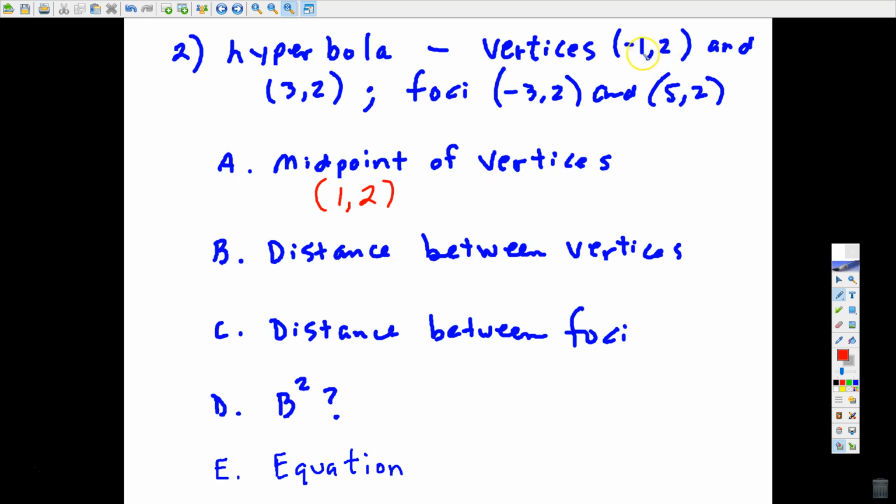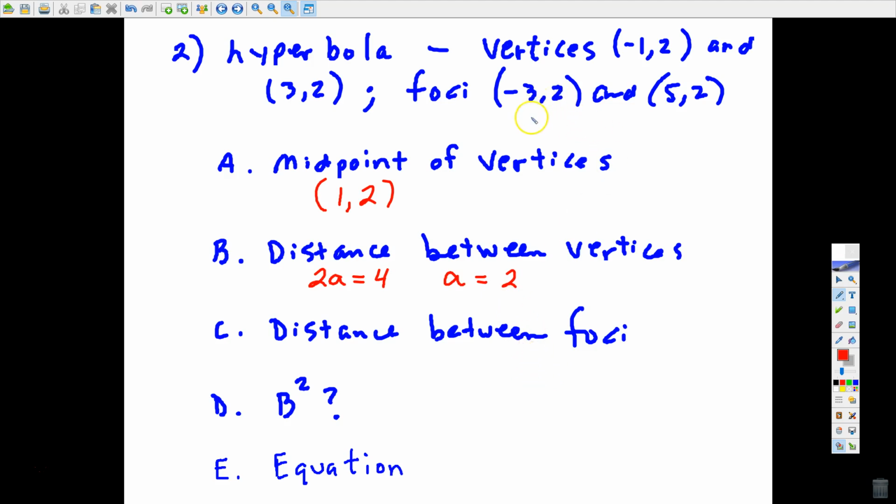Obviously it's just the x-coordinate that I'm interested in finding the distance. If I'm at 3 and I travel over to -1, I've traveled 4 places. Well, that's what 2a is equal to. So a, we can reason, is 2.